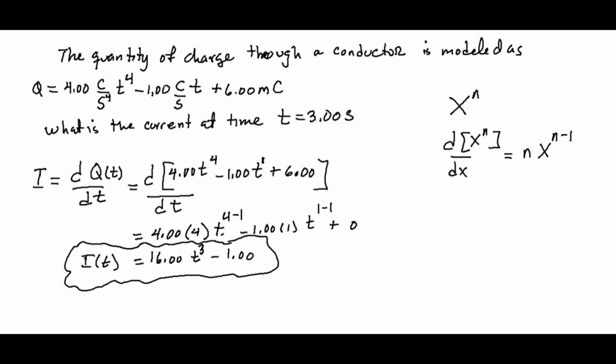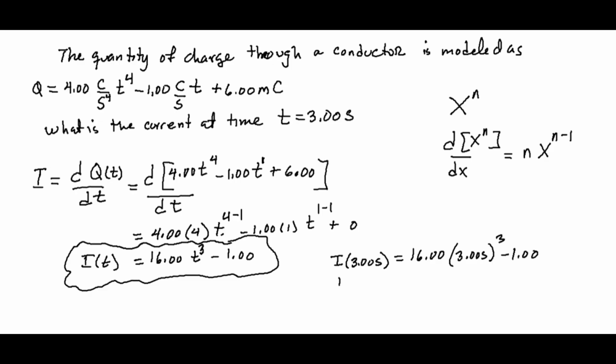So now, if they want to find the current at time 3 seconds, I of 3.00 seconds would be 16.00 times 3.00 seconds to the third, minus 1.00.